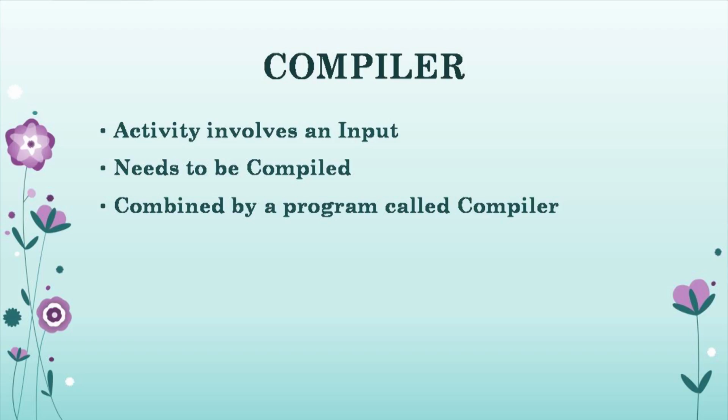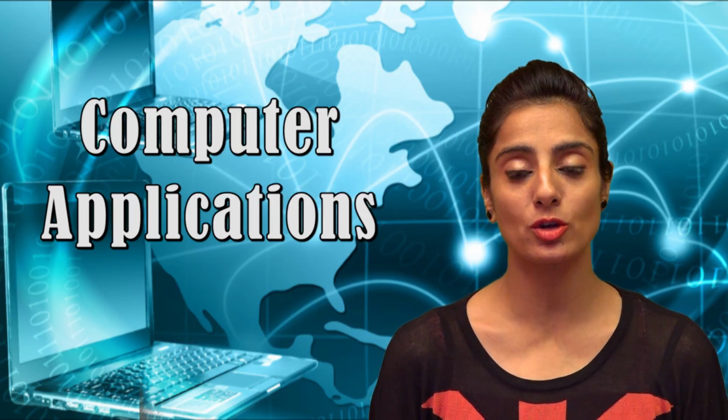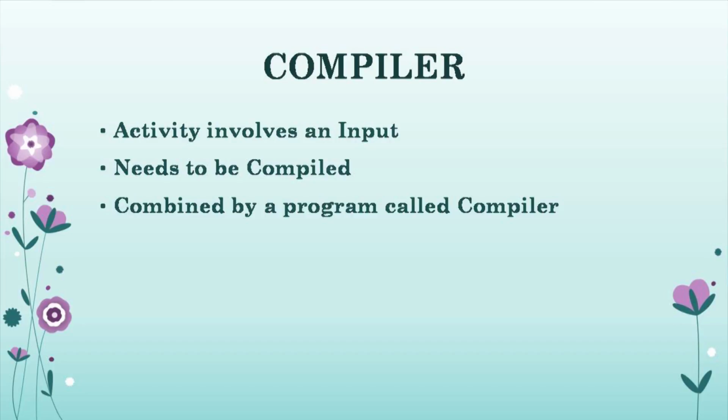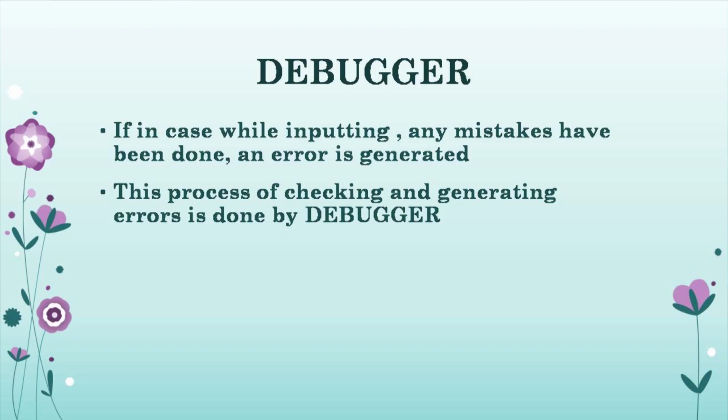Whenever we are working on the computer and it involves typing or coding or programming, something which involves an input, it needs to be combined together as a single unit in order to produce the output. That combination is done by a program called a compiler. On the other hand, checking whether there are any errors or mistakes which you might have committed is done by the debugger.